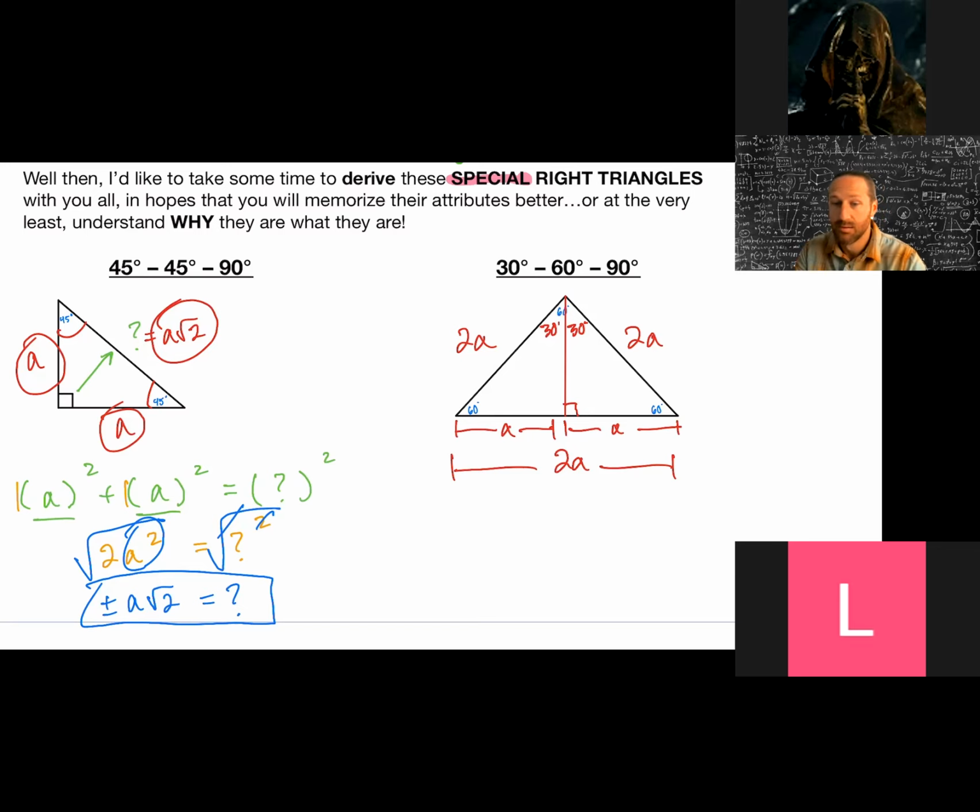Yes. Careful. Yes. How? Pythagorean theorem? Good, but what did I tell you is the most important piece in the Pythagorean? The hypotenuse? That's the one that's by itself. So our unknown value this time is going to be one of our legs.